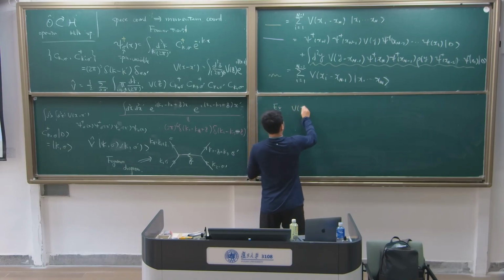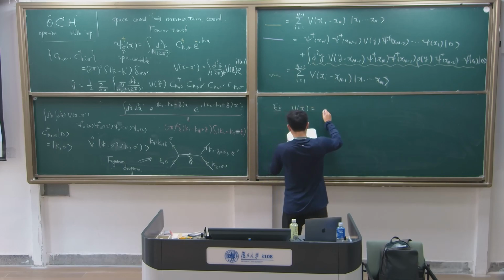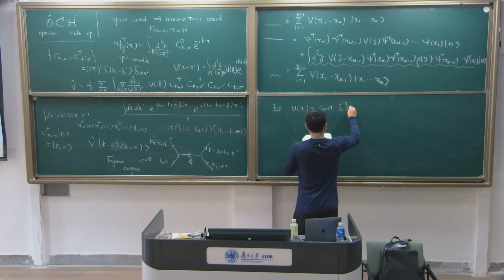So if V of x is some constant times delta cube of x.